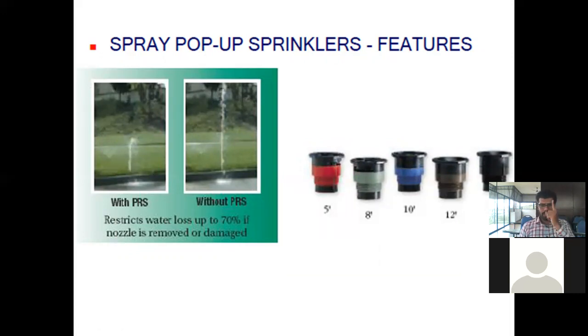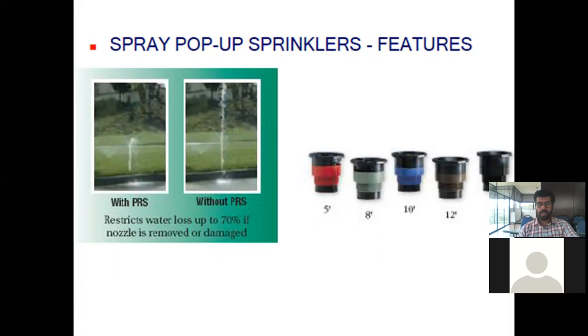Okay, stem means that thing only. It can restrict the water loss up to 70% if the nozzle is removed or damaged. So this is the nozzle, the tip of it, and it can restrict the loss up to 70% if the nozzle is removed or damaged.